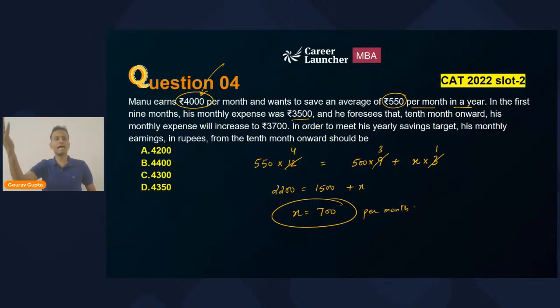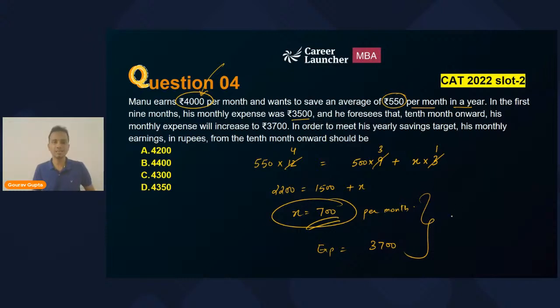But he foresees that his monthly expenses will be 3,700 rupees. Okay, this will be his monthly expenses from 10th month onward. So 10th, 11th, and 12th month, his expenses will be 3,700 rupees in each month, and he has to save rupees 700. So I can say that he has to increase his income, right?